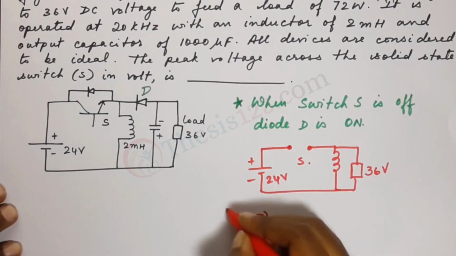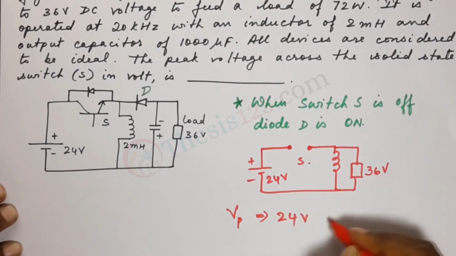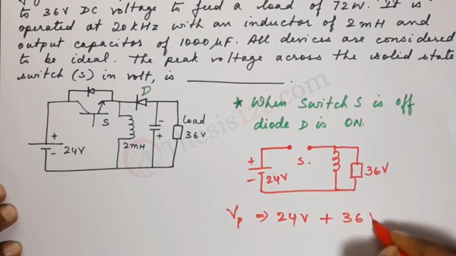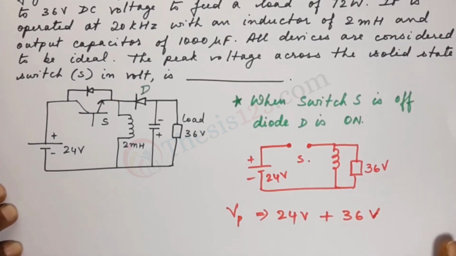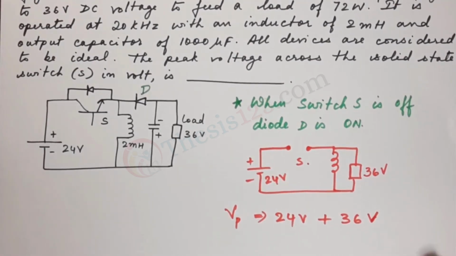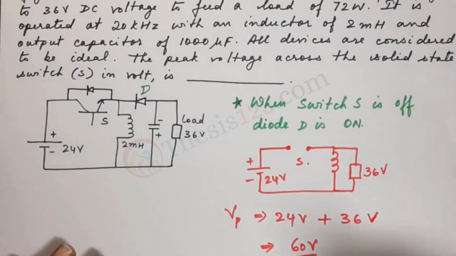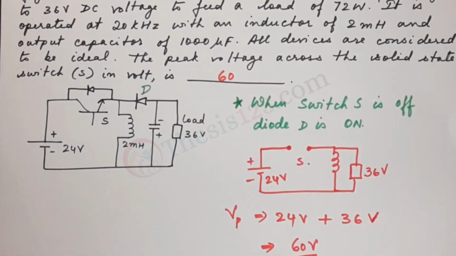So we have our peak voltage as 24 volts plus 36 volts, that will give us a value of 60. So this is our final answer, 60. I hope it has helped.